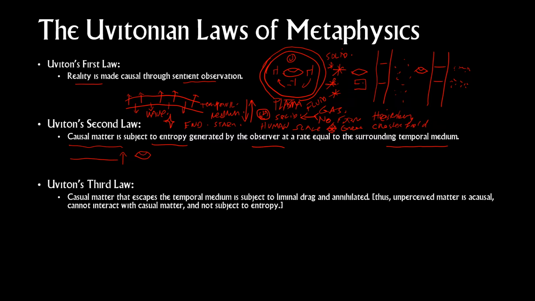Anyway, so you are perceiving, you are the observer, and the temporal medium is generating that. You are causing the entropy, but it's at a rate equal to the medium around it, which is going to be your speed of light, perhaps, or the cosmic medium. And I talked about this briefly in the other lecture, but light speed, what is it? 299 million meters per second, roughly.